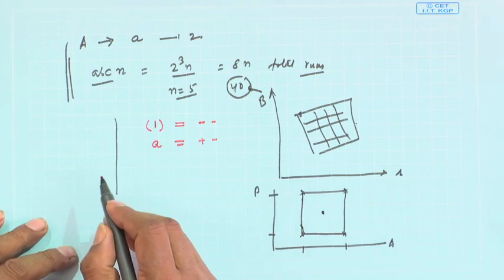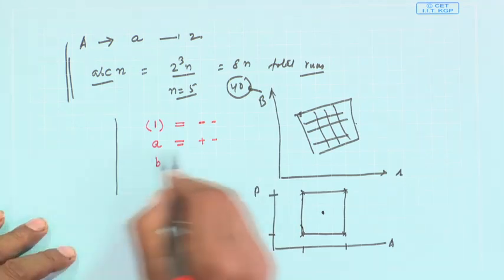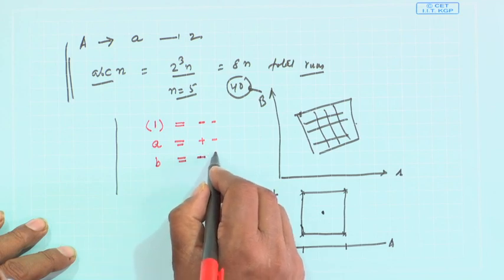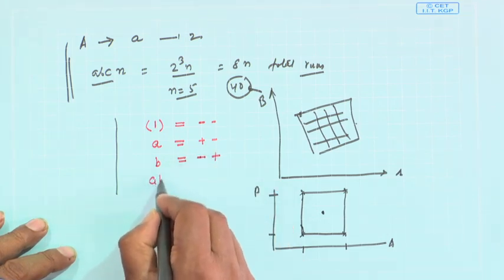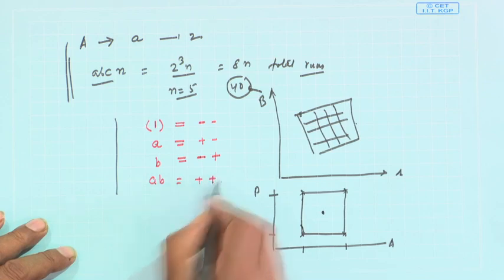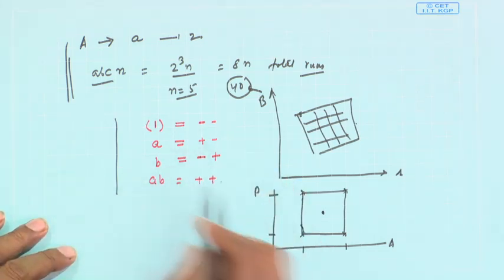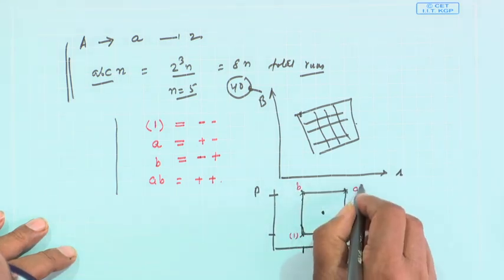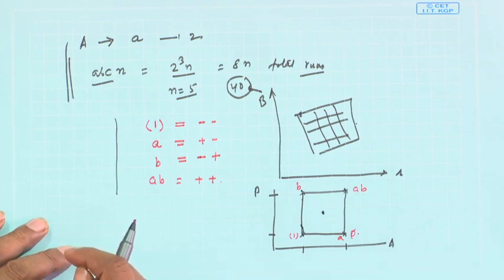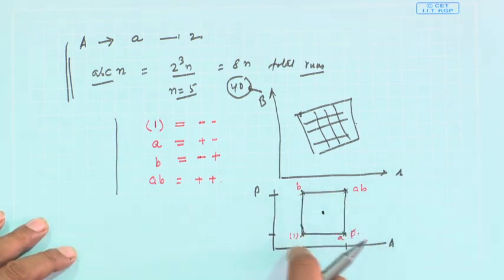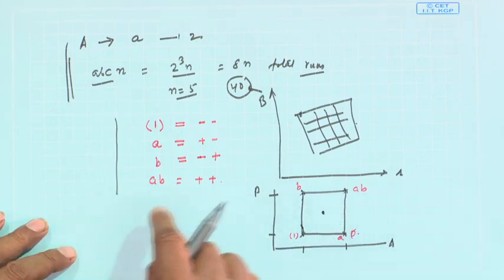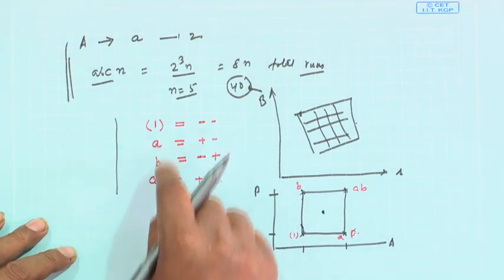When A is at low and B at high, we denote it by B, and we denote by AB when both are high. So this is my 1, this is A, this is B, and this is AB. I can say these are the experimental combinations.